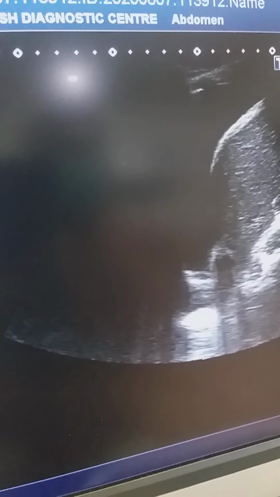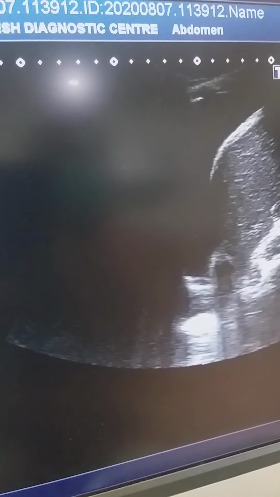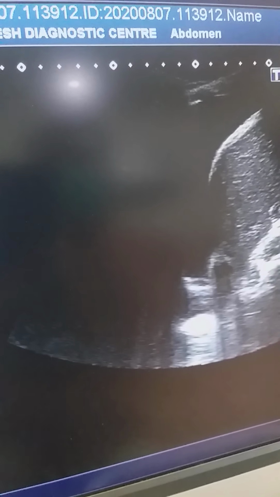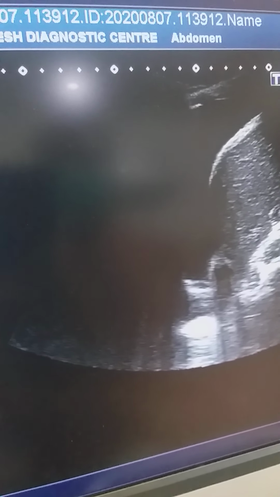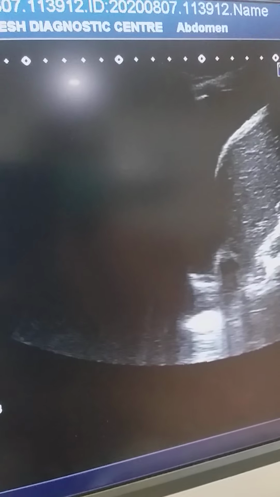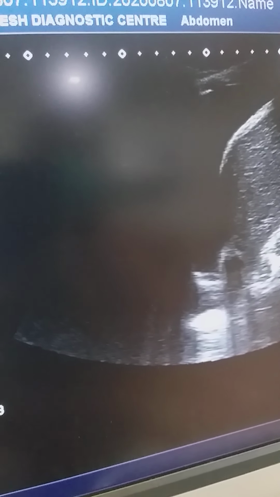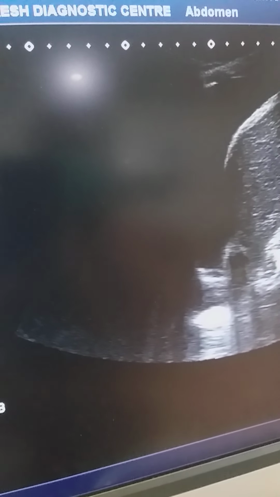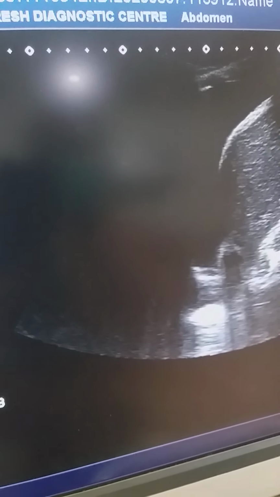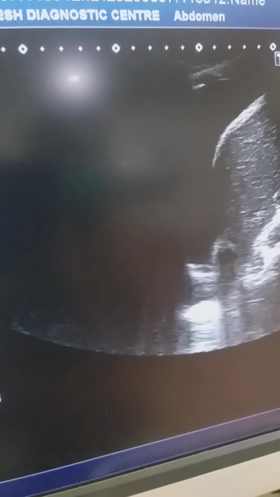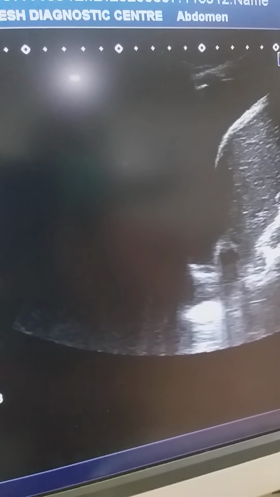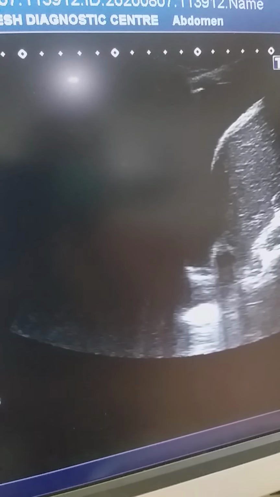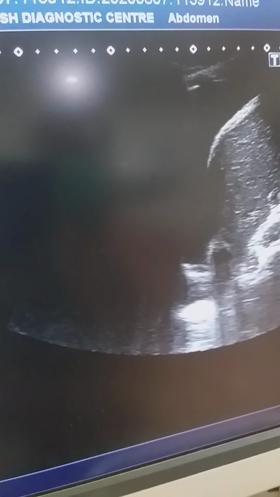My main aim was to show that lung ultrasound is very, very helpful as it is not time consuming, it has no radiation, it is easily available at the bedside where the respiratory failure patients are present, and we can easily diagnose pulmonary edema, ARDS, and lung fibrosis at the bedside.